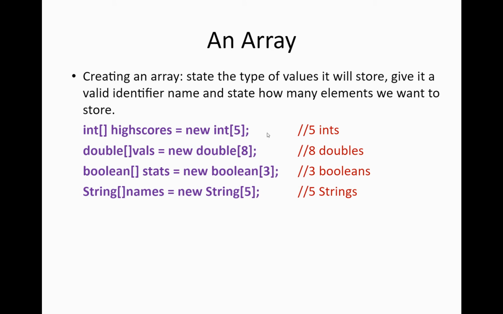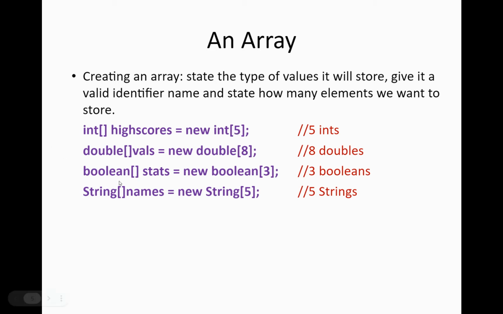One way is to use the new keyword. So here you see int array highScores equals new int 5. And what this does is it says I'm going to create an array of integers. I'm going to call it highScores, and I'm going to assign it to be a new integer array. This number 5 here indicates the size of the array.